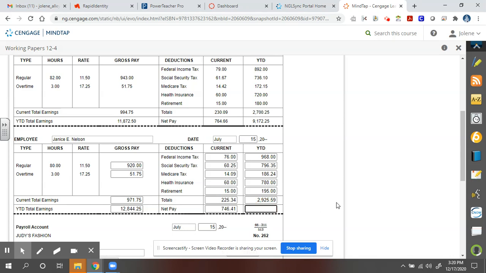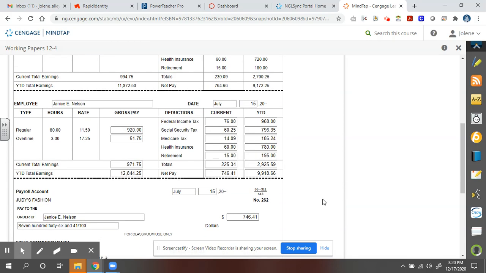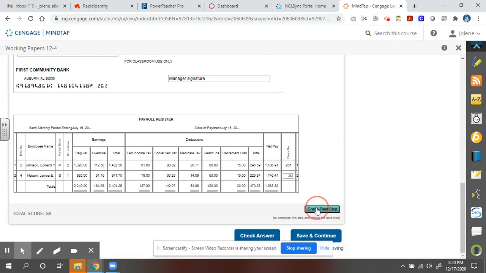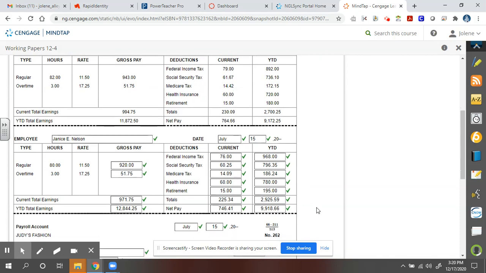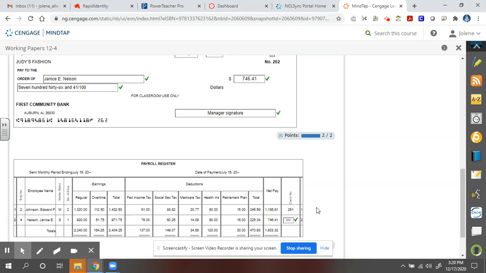So now year to date, she has taken home $9,918.66. Okay. Green checks.